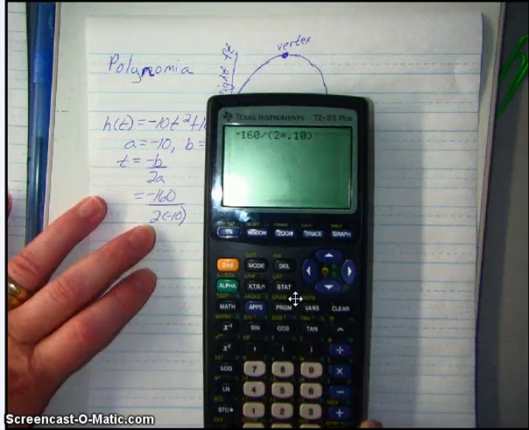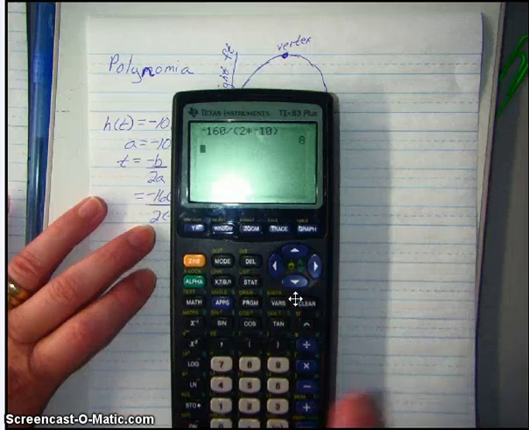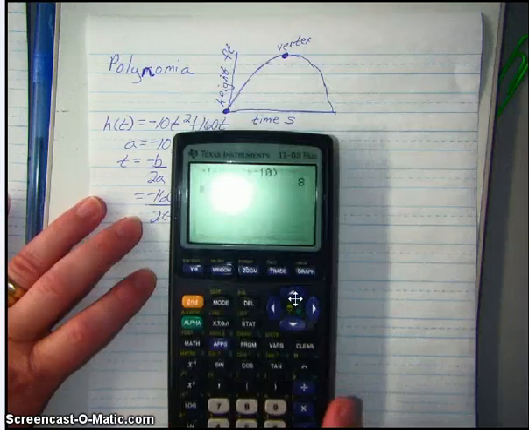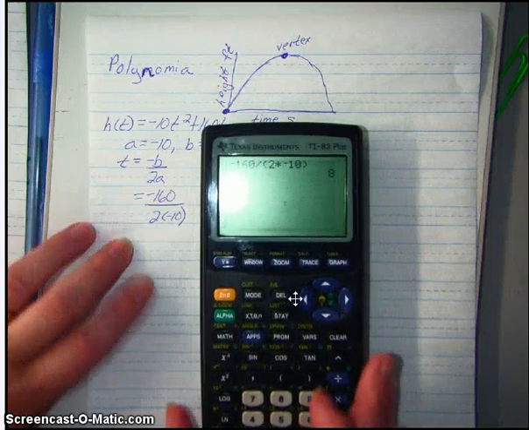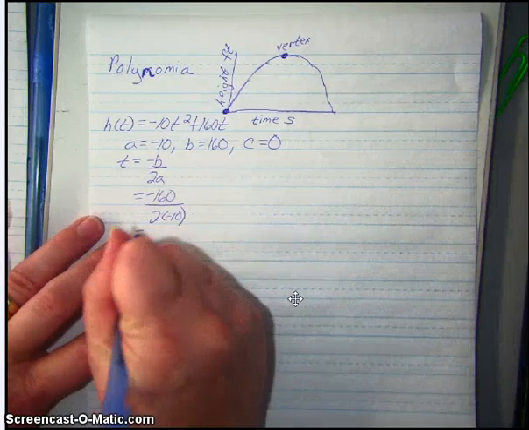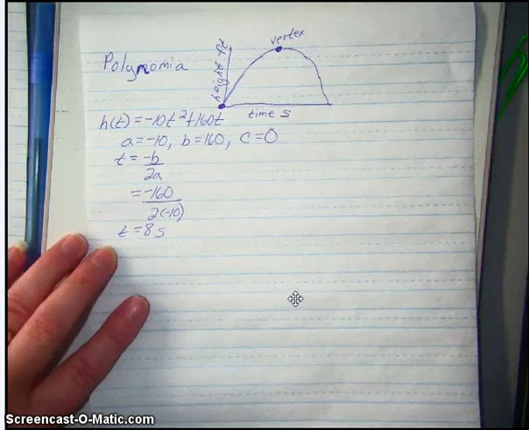I saw a lot of people making a mistake and not using parentheses to show that the denominator gets calculated first. So this gives me T equals 8. So that's 8 seconds.